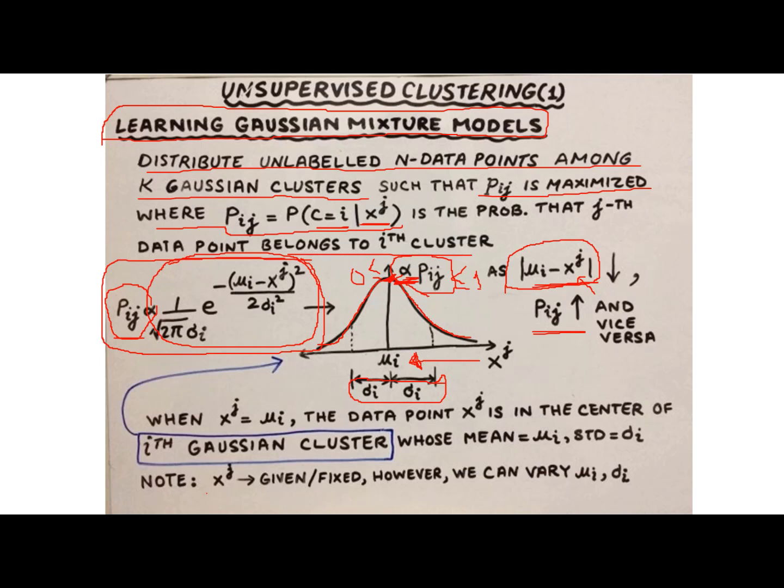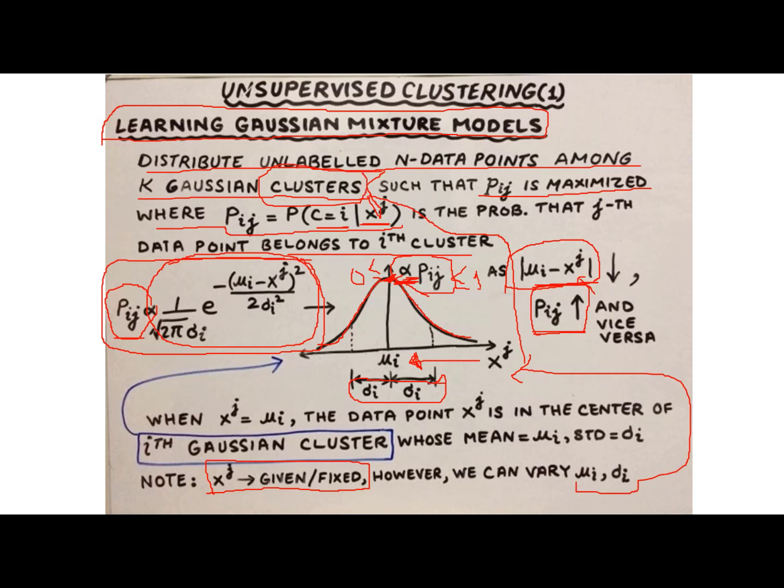And the value of the data point, as we know, is given as part of the training problem. That is fixed. We cannot do anything about it. What we can do to maximize this probability is adjust the mean and the standard deviation of the Gaussian random variable, which is actually used to cluster data points in this case. So therefore, we are calling it the Gaussian cluster.